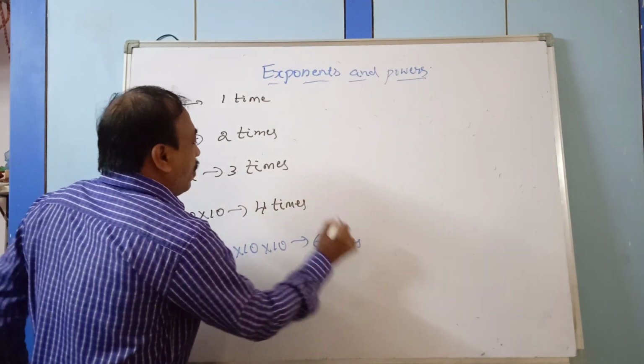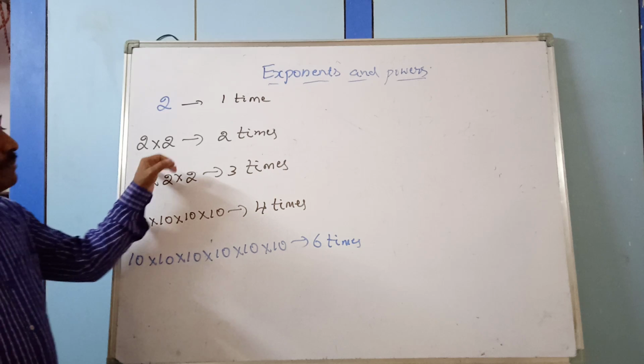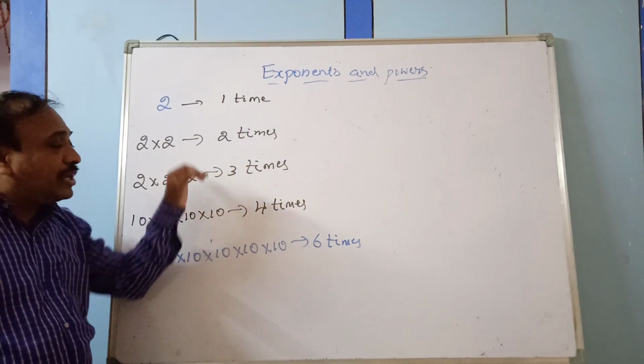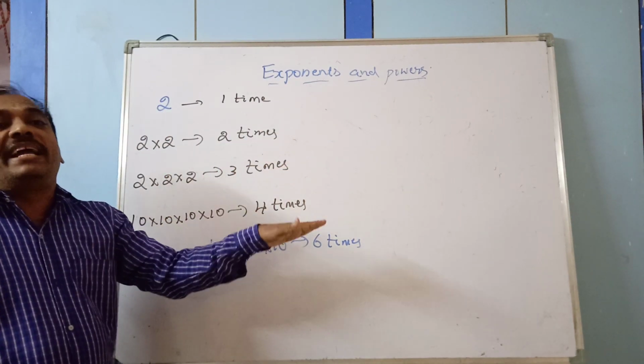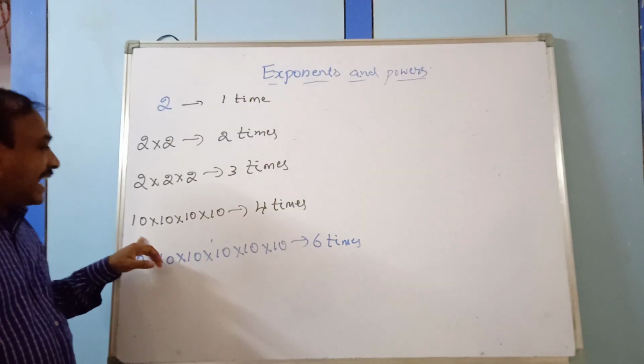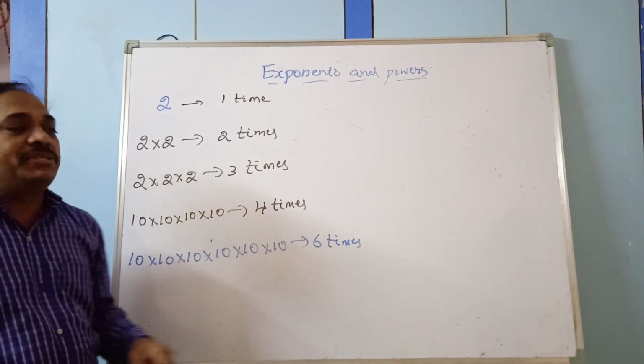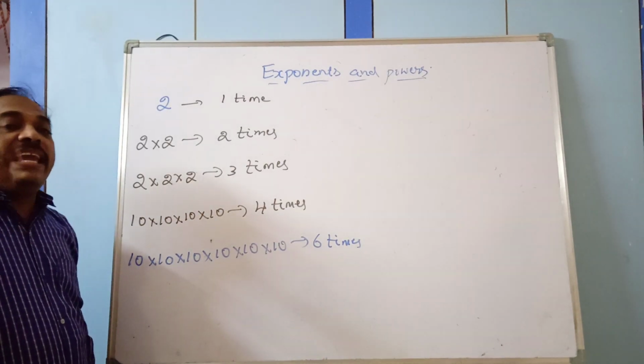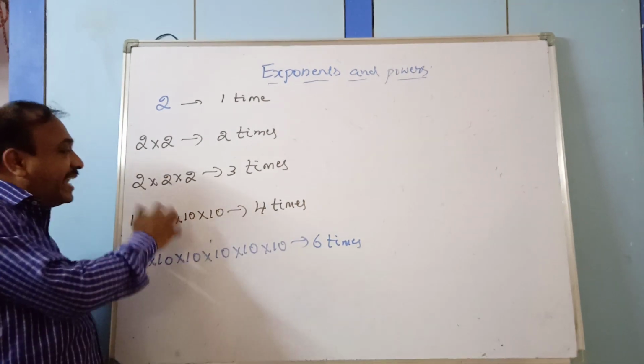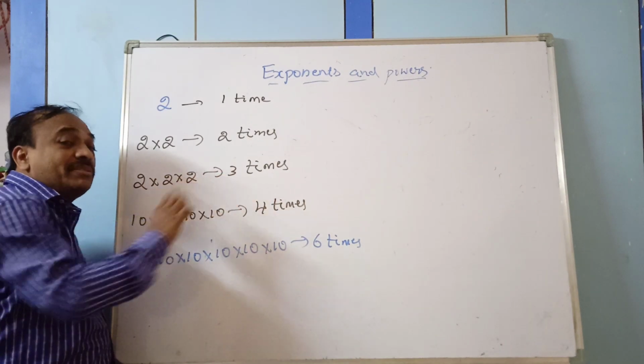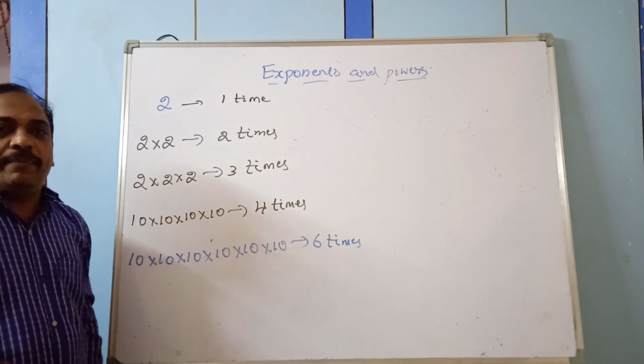Observe these: 2 times, 3 times. The 2 is multiplied by itself 3 times, 10 is multiplied by itself 4 times. So here the count is rising.